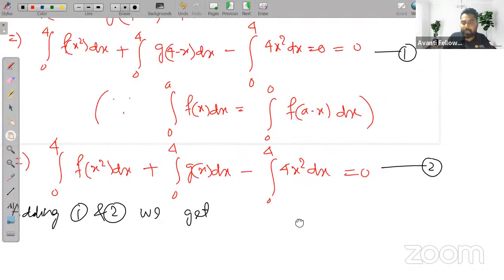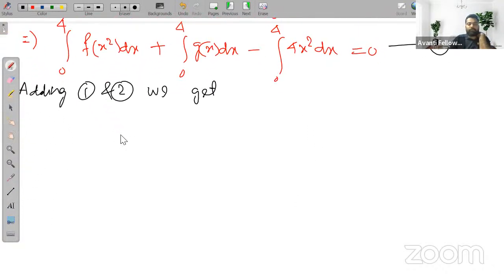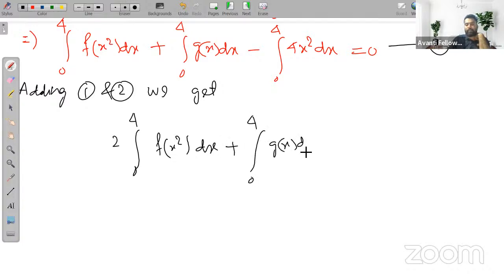So if you add these two equations, we'll get 2 into 0 to 4 f of x square dx, and this becomes 0 to 4 g of x dx. Oh, sorry.